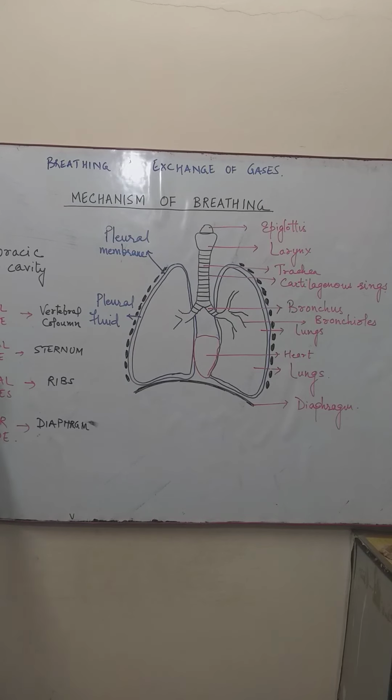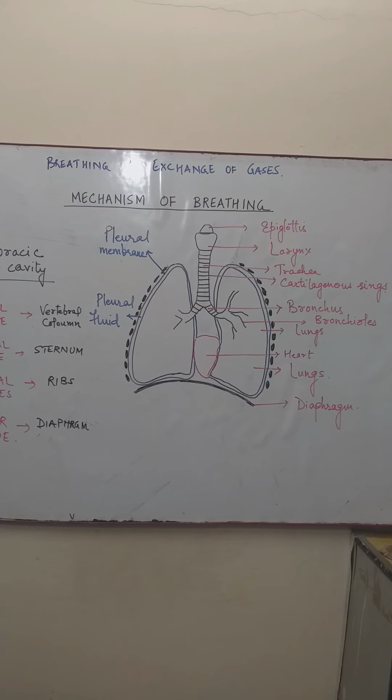So these constitute the thoracic cavity, and within this are present the lungs. So they are very well protected within this entire structure of the bones. We call that cavity the pulmonary cavity. Now the lungs, all of you know, are constituted by alveoli.